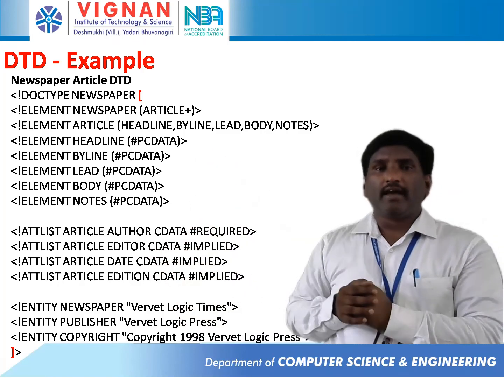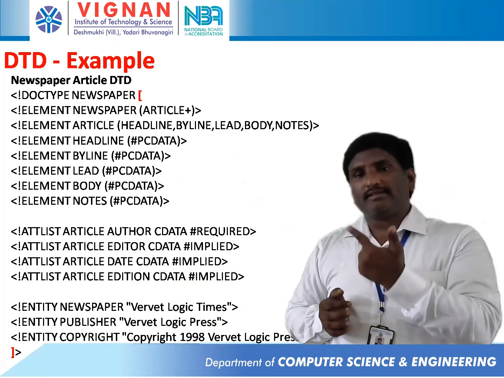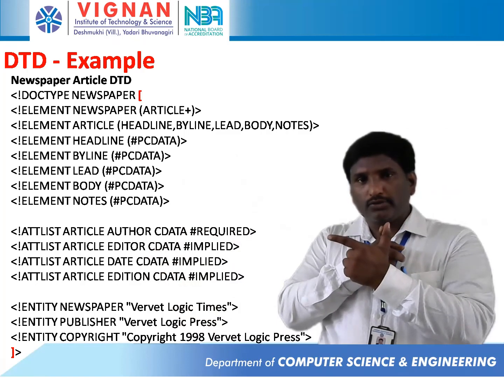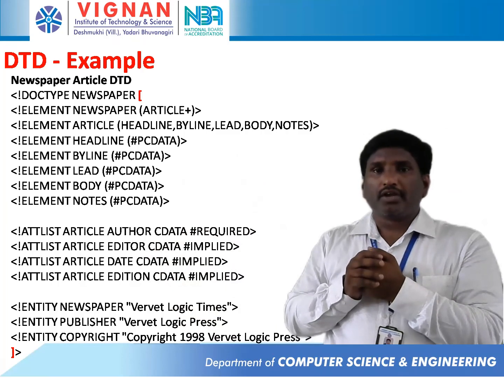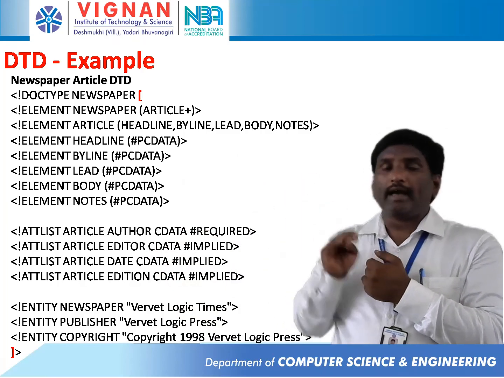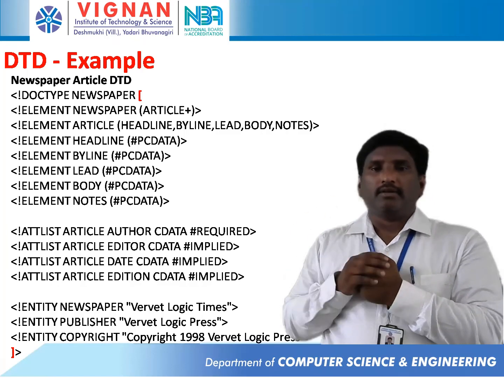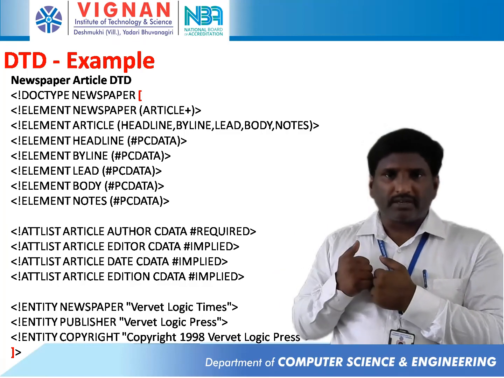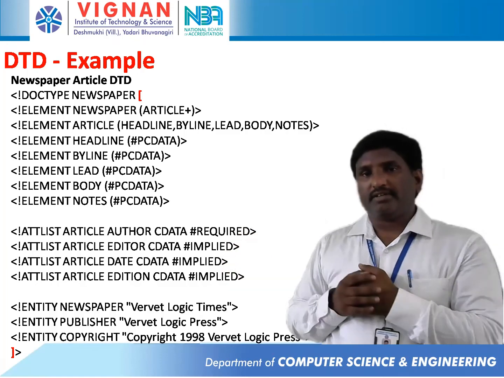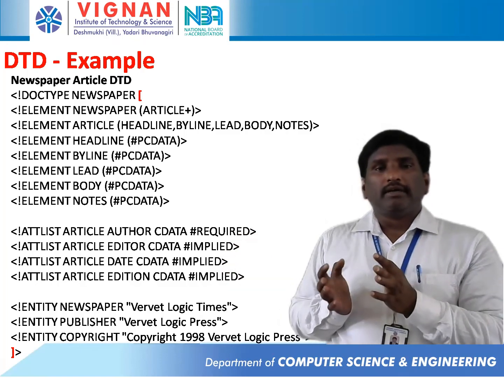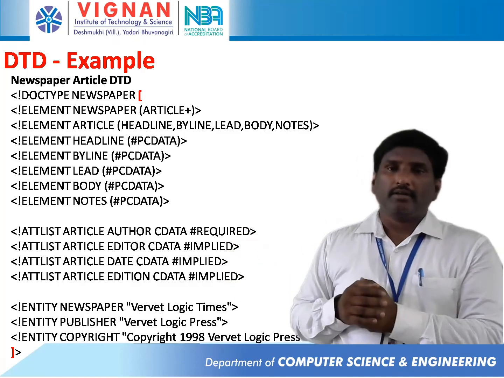In this DTD, the root element is newspaper. Article is a sub element of the root, and the article has 5 sub elements. The article also has 4 attributes; among them one is compulsory, required, and the others are optional. There are also 3 entities: newspaper, publisher, and the entity reference system. DTDs play a very important role in writing XML documents.